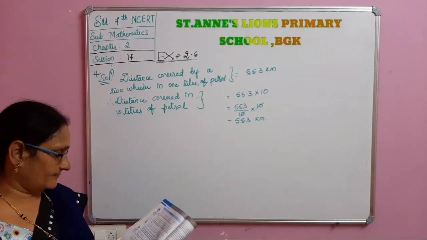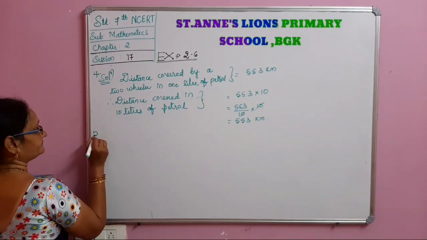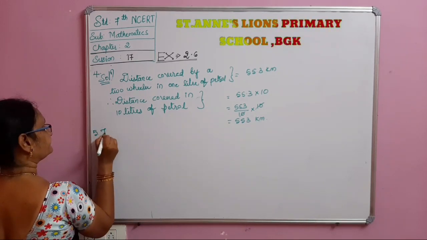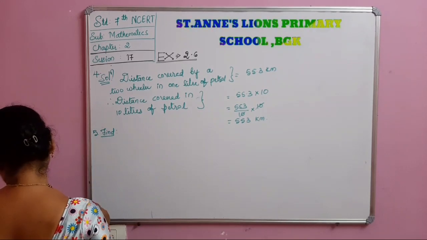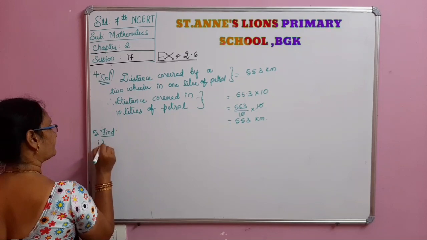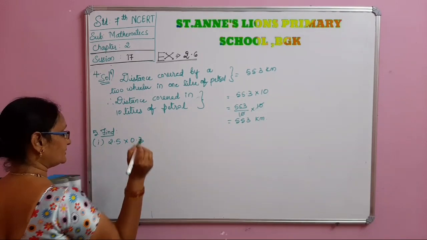Okay. Then the next one, that is the last main, fifth main. Find 2.5 into 0.3.